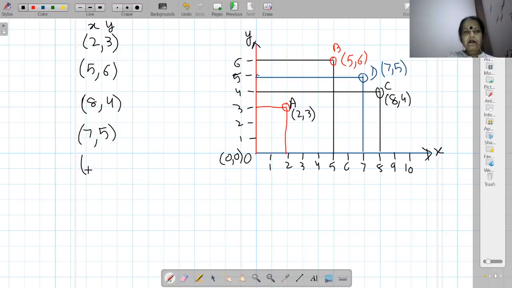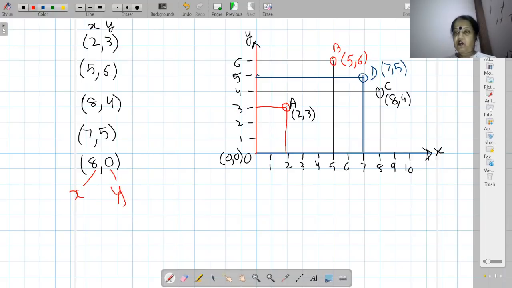Now one more new thing I will ask you. Suppose that the value is now 8 and 0. So can you tell me in which quadrant it will lie, or on which axis it will lie? Let's see. Here the first value, as I have told you, is the x value, and the second value is of y.